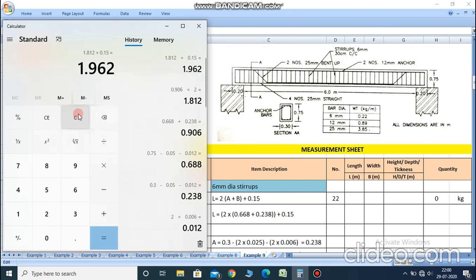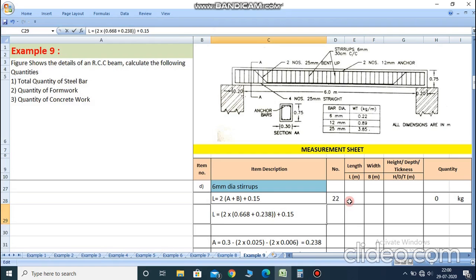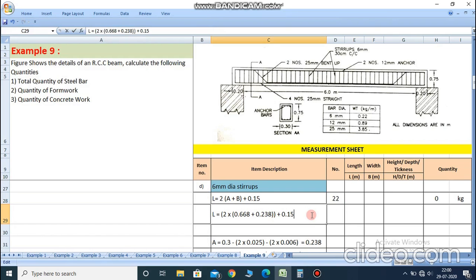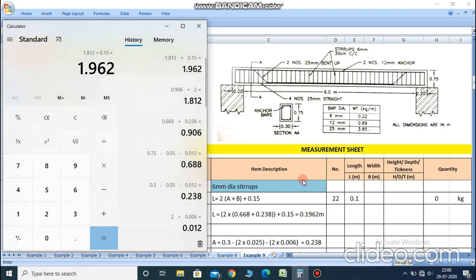So here one stirrup length we calculated is 1.962 meter. Clear? So we write here 1.962 meter as the answer.